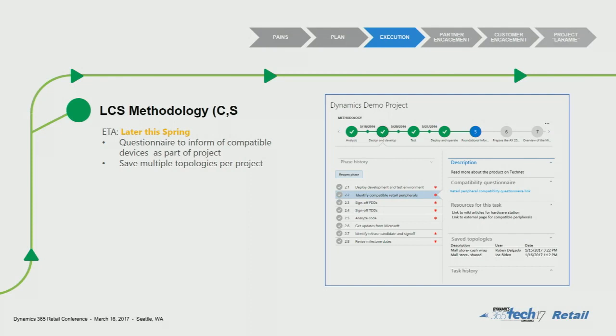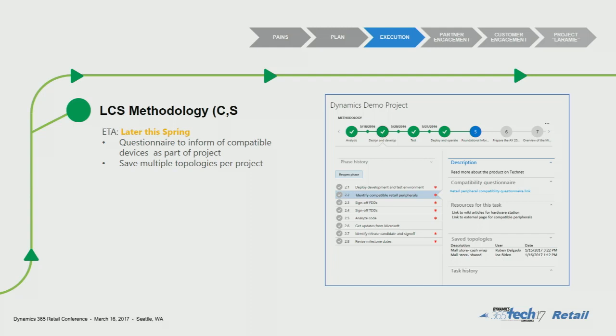And I mentioned we need to, up front, let people know what's going to work with your specific deployment. So we're adding a step in the LCS methodology. When you create a project, there's a questionnaire that says, what peripherals are you using? And you'll go through and select, okay, I have mobile or fixed point of sale. Its OS is Windows, obviously, or there are other options there.